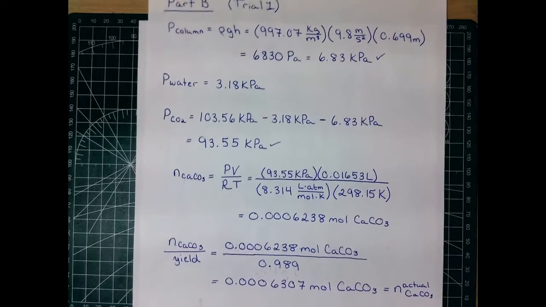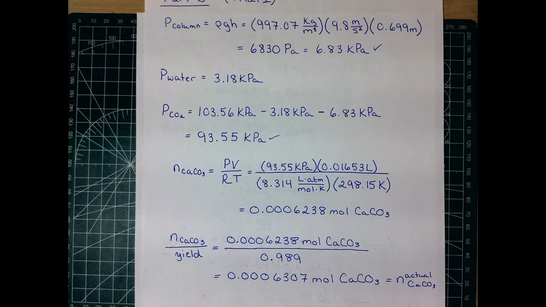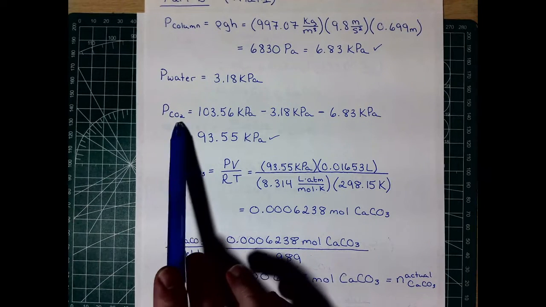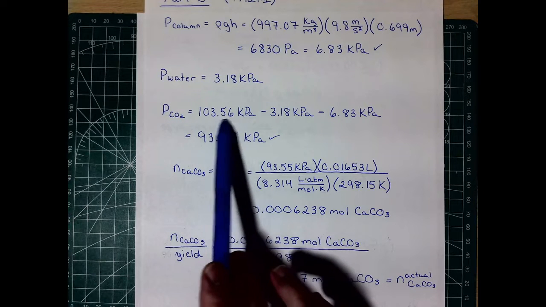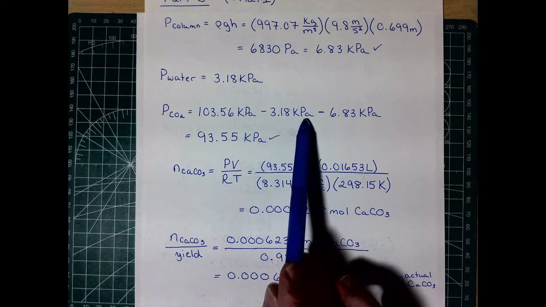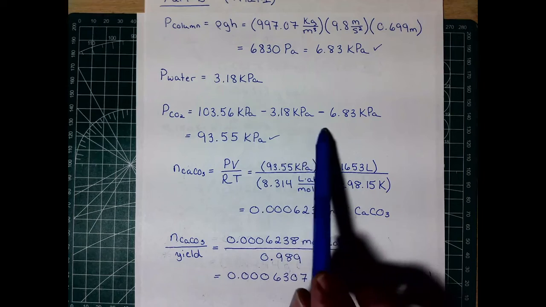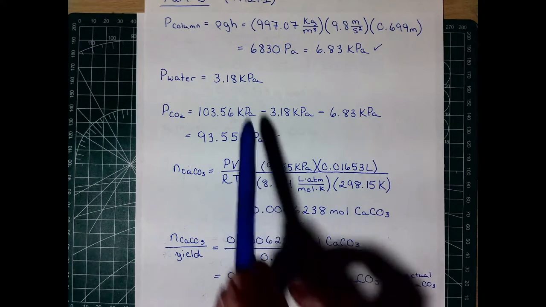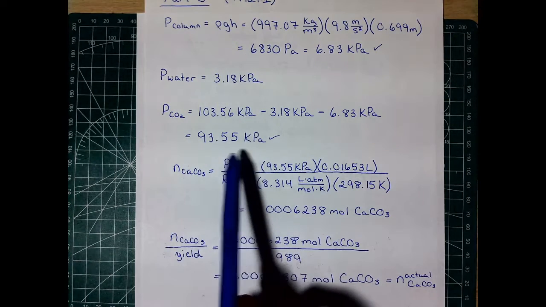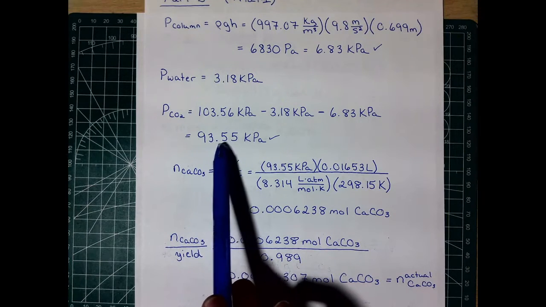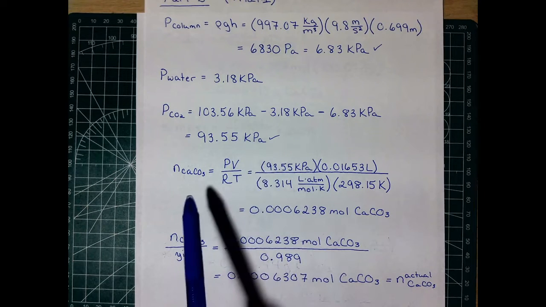When I plug this in for my pressure of CO2 equation, I get the pressure of the atmosphere minus the pressure of the water minus the pressure from the column. I have 93.55 kilopascals.